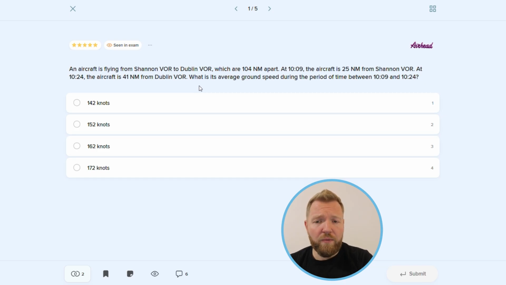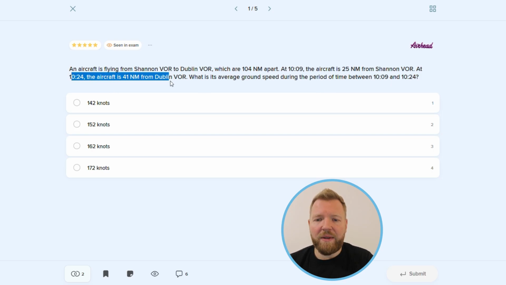Okay, so first we need to find a distance that aircraft in question traveled between 10:09 and 10:24. Both VORs are 104 miles apart, and at 10:09, the aircraft was 25 miles outbound Channel VOR. So there was 79 miles left to the Dublin VOR.